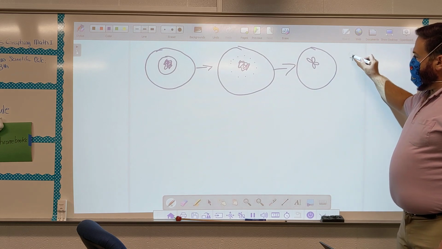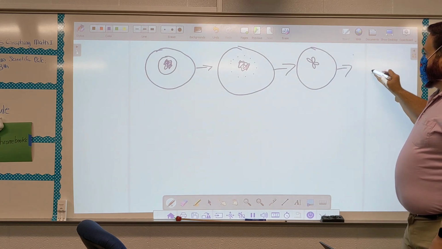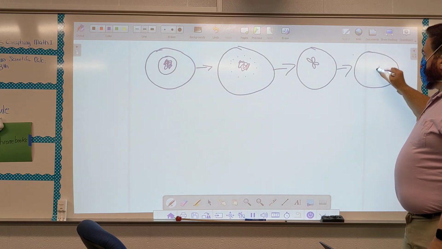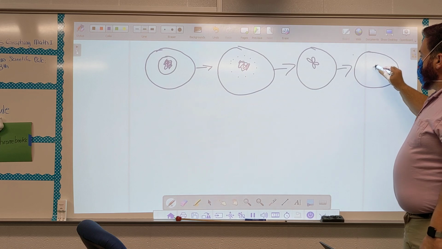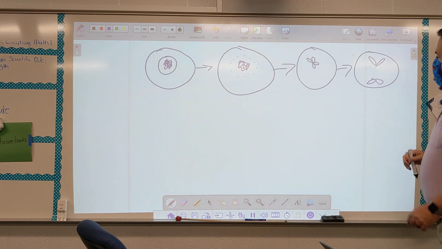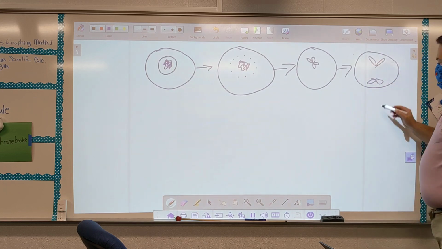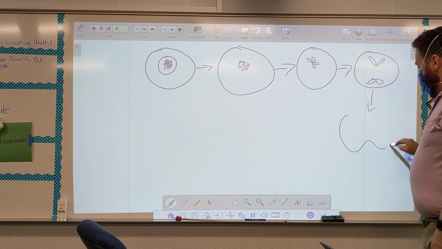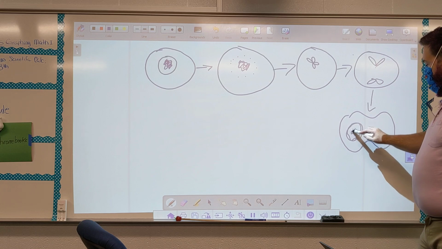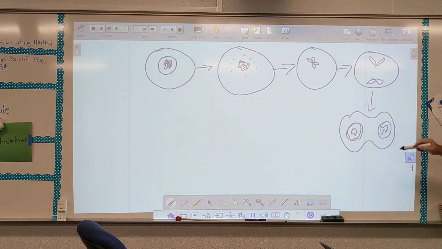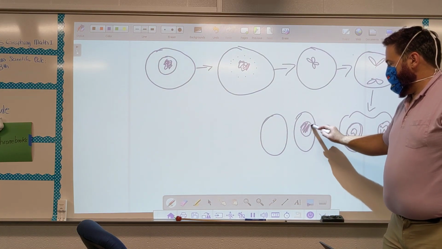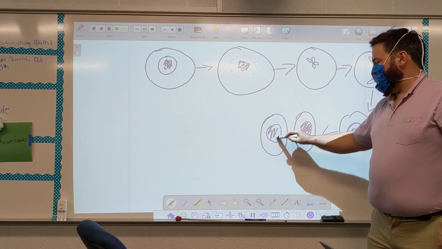And then the cell is going to go into metaphase, and the chromosomes get pulled apart so that there's a copy of the DNA for each new cell, and then it's going to divide, and the nucleus starts reforming, and the DNA starts uncoiling, and then eventually you have two complete cells with a nucleus with DNA.